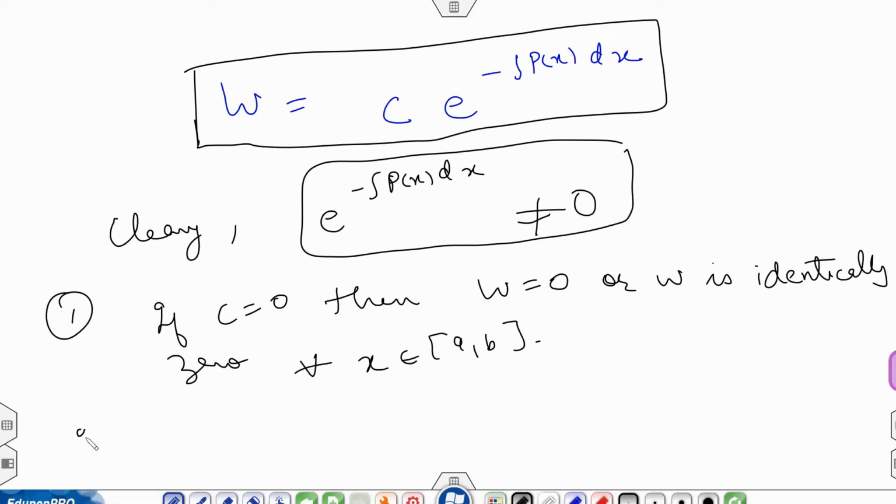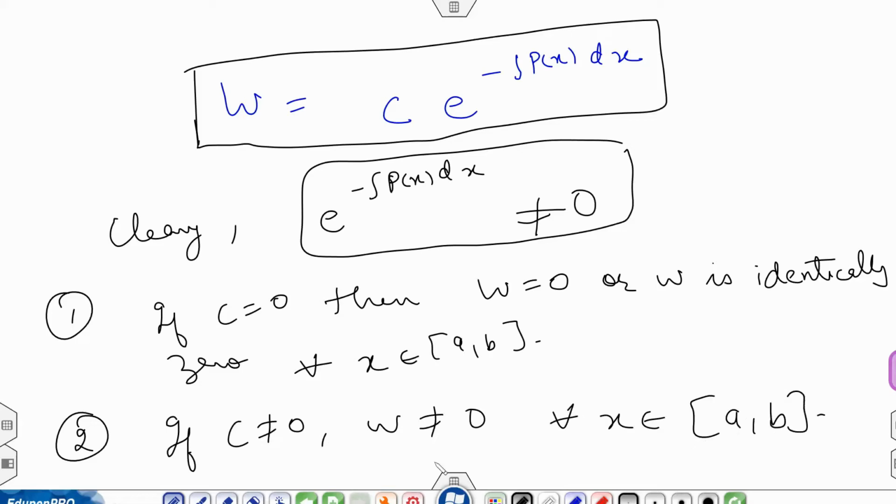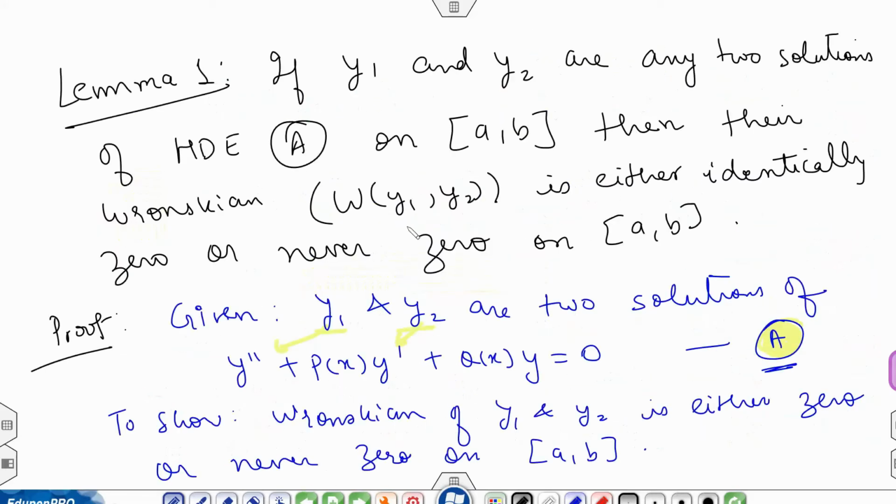And if c is not equal to 0, W is not equal to 0 for every x belonging to [a, b]. So this was what we wanted to prove: that if y1 and y2 are two solutions of the homogeneous differential equation, then the Wronskian is either identically 0 or never 0 on the closed interval [a, b]. So we have proved this.